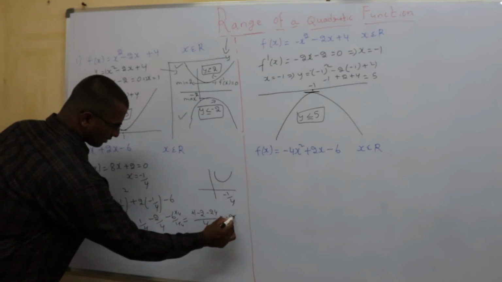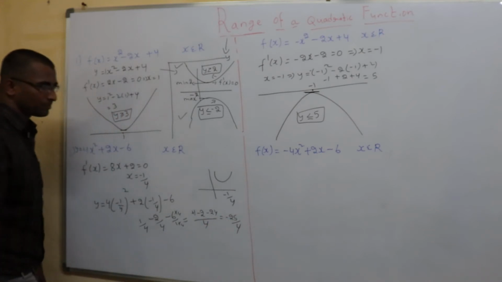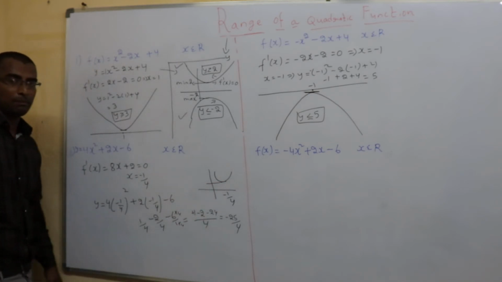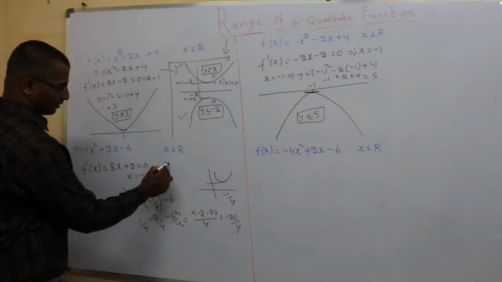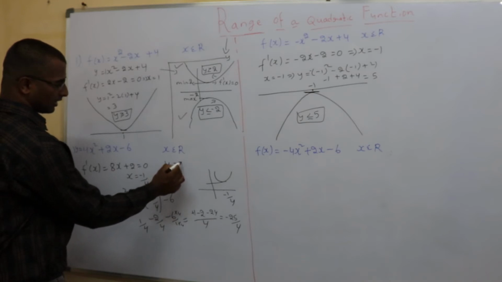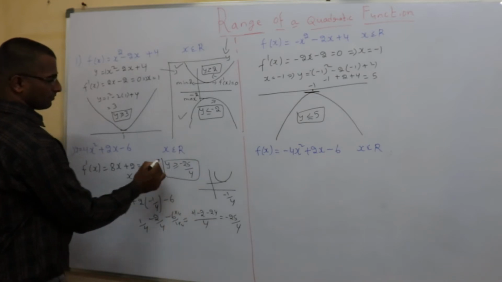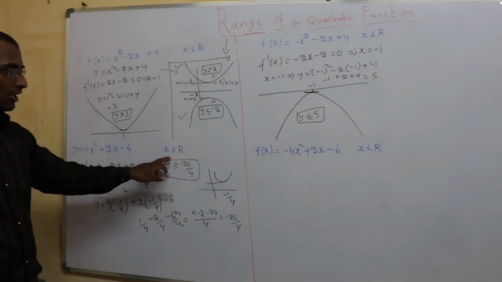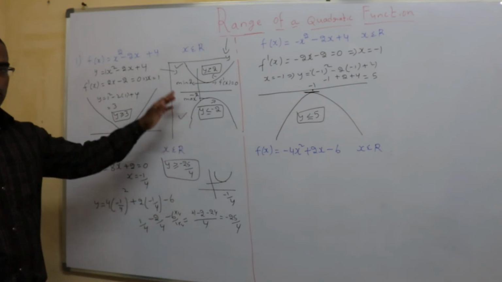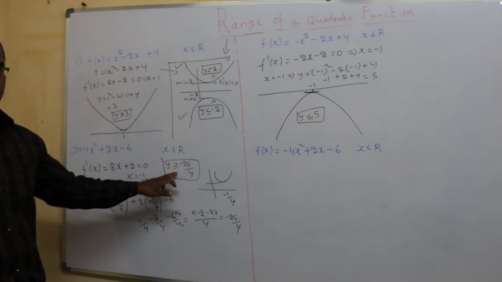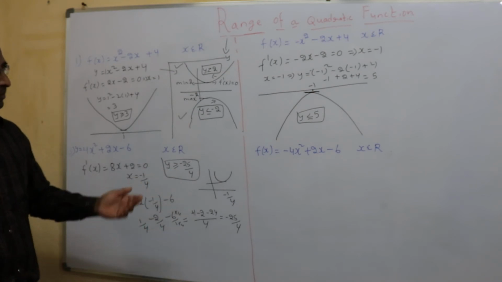I get minus 25 by 4. You need to understand that this is the minimum point. So y is greater than or equal to minus 25 by 4. As x is not restricted, I cannot say where y stops. I can say that this is the minimum point for sure.